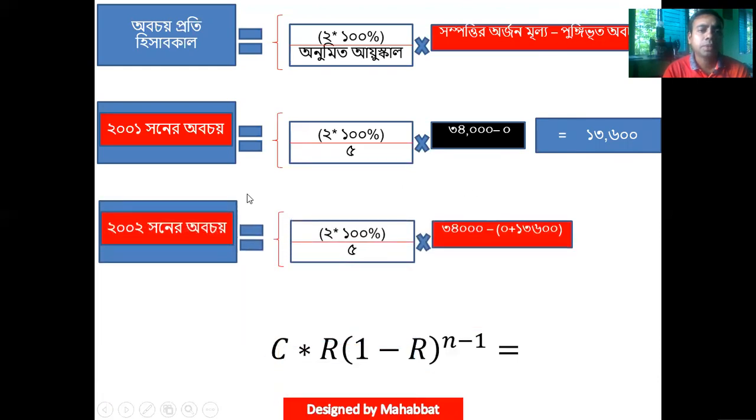Similarly, for 2002, the depreciation will be 2 into 100% divided by 5, into 34,000 minus 0 plus the first year depreciation of 13,600. So the depreciation for 2002 will be 8,160.